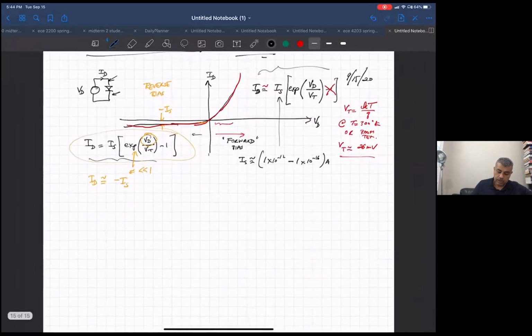And then we introduced this thing called an ideal model. We said, it would be neat if we had this thing called a diode.